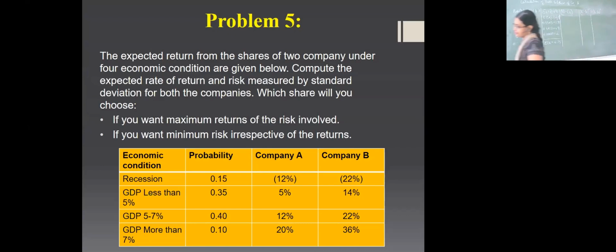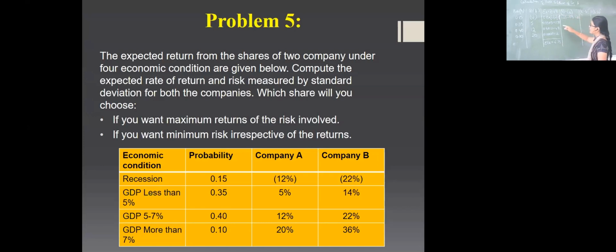So what is the first one? Minus 12 minus 6.75. How much?